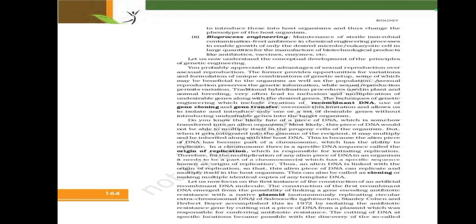Second, process engineering, maintenance of sterile ambience, free of microbial contamination, in chemical engineering processes to enable growth of only the desired microbe or eukaryotic cell in large quantities for the manufacture of biotechnological products like antibiotics, vaccines, enzymes, etc. Let us now understand the conceptual development of the principles of genetic engineering.